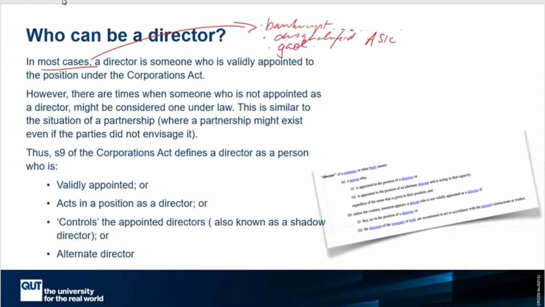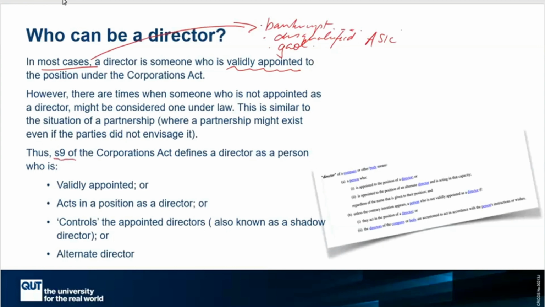So there are some exceptions, but in general, if you're validly appointed, there are no qualifications to be a director. There are good reasons for that we could go into in a discussion, but a bit beyond what we're talking about here. There are policy issues. However, sometimes you might not be validly appointed and you still might be a director.